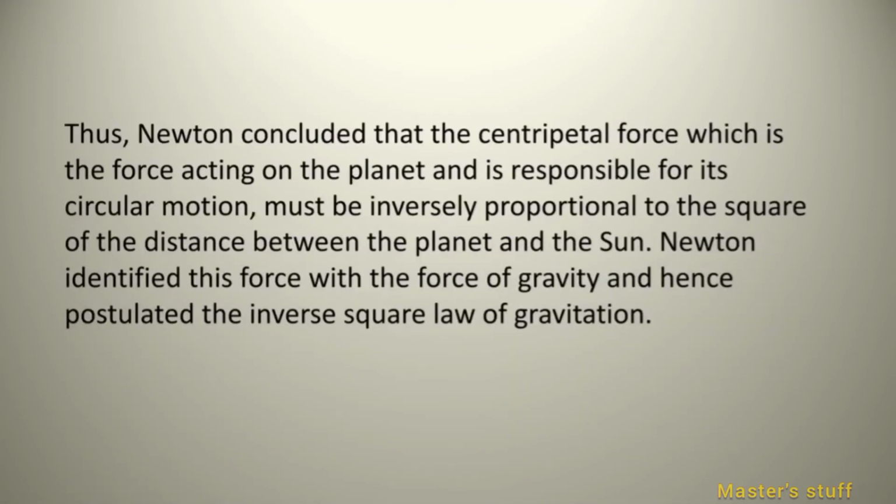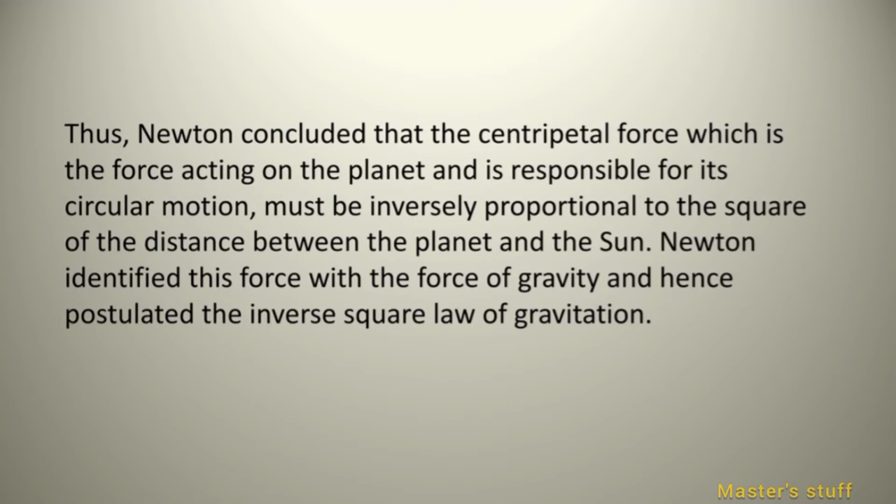Thus, Newton concluded that the centripetal force, which is the force acting on the planet and is responsible for the circular motion, must be inversely proportional to the square of the distance between the planet and the sun.